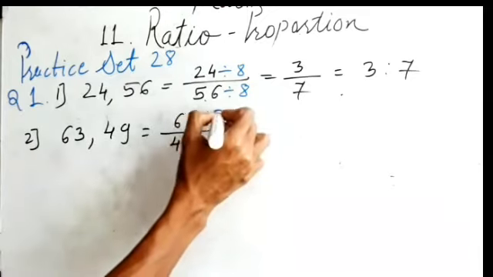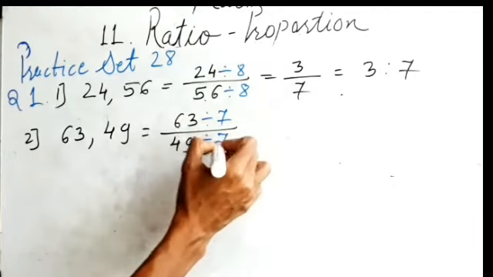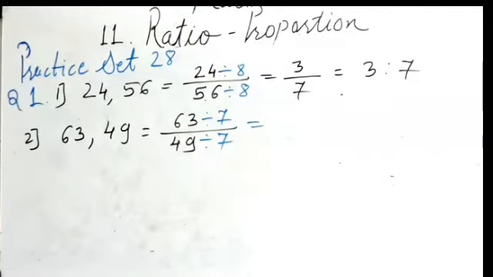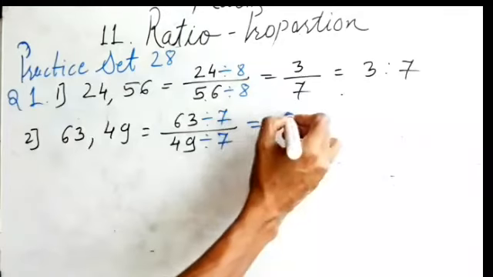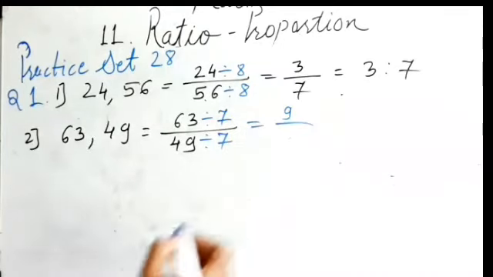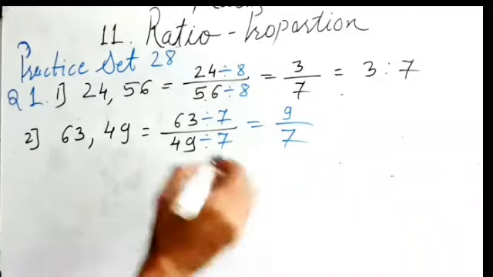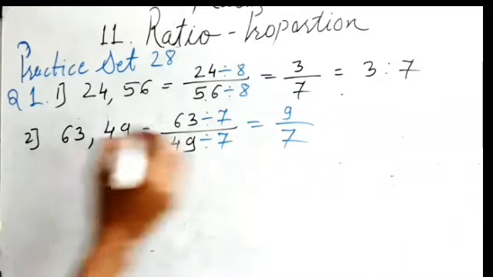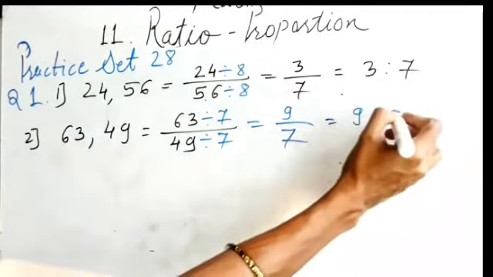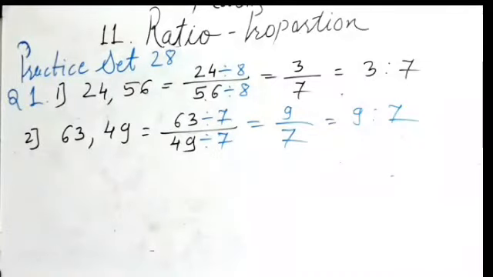So you can divide it by 7. So what I will get? 7 9s are 63 and 7 7s are 49. So I will get this answer as 9 is to 7.